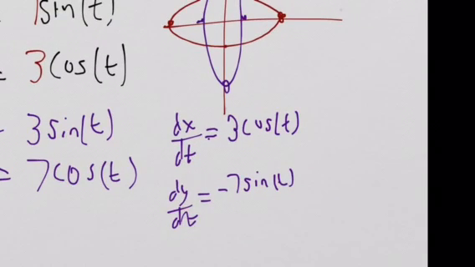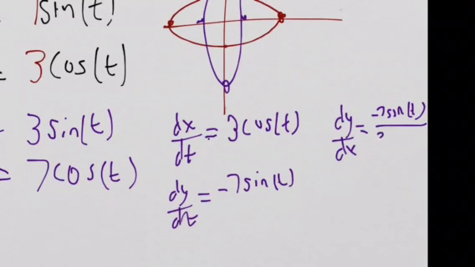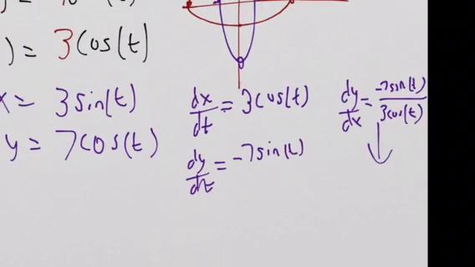So now we have dy over dx is just going to be -7 sine t divided by 3 cosine t. And this is going to determine the slope of curve at t.